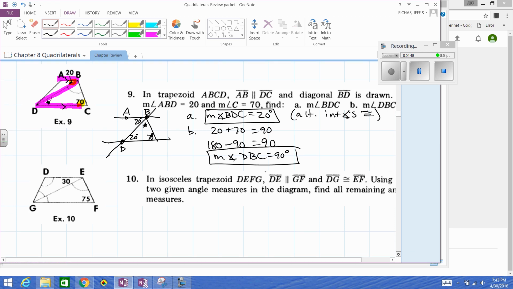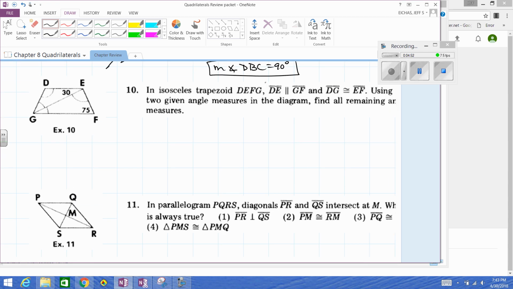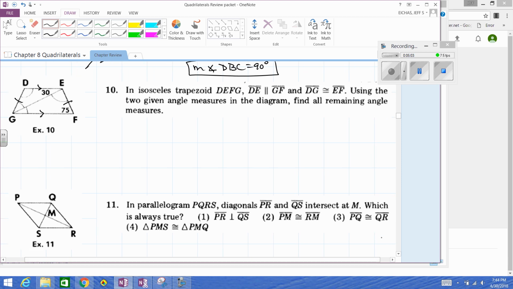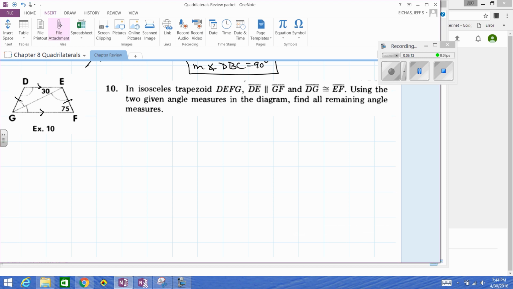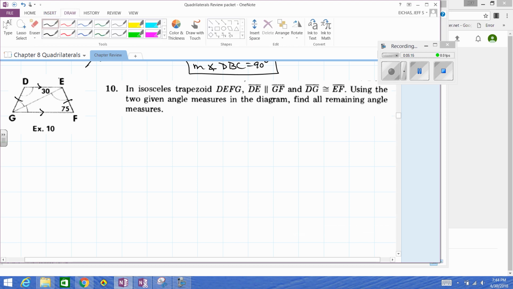Okay, let's see. Isosceles with these the same. All remaining angles. So let's try to figure out what we're looking at here. It looks like this one's 30 up here. If that one's 30, then this one's 30.